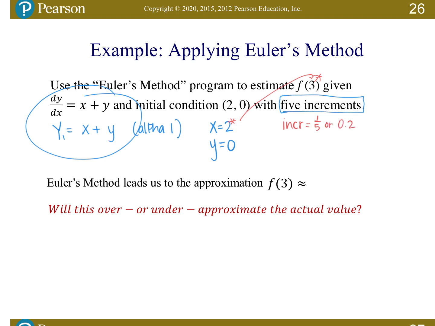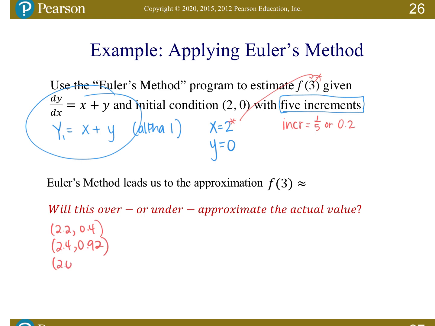0.2. And then you're going to run your program, and you're going to notice it's going to give you all of the incremental values. The first time you press enter, you'll get 2.2, 0.4. That's the first incremental adjustment. You hit enter again, you're going to get 2.4 and 0.92. That'll be your second incremental adjustment.